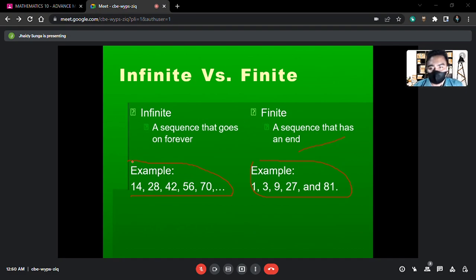This is the example, and we see there is an end in finite. We have 81. The first term would be 1, but the end term is 81, right? While in infinite we have this 14, the first term, then the end term is continuous, right? Their given is obviously seen by their given sequence already, infinite or finite. All right.